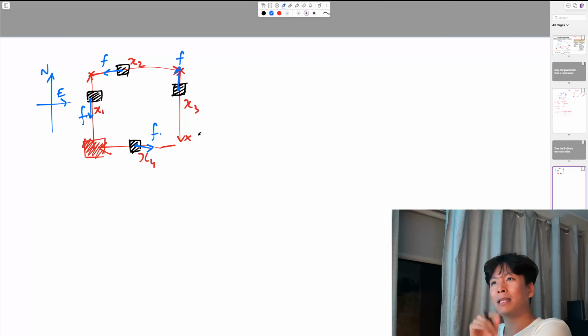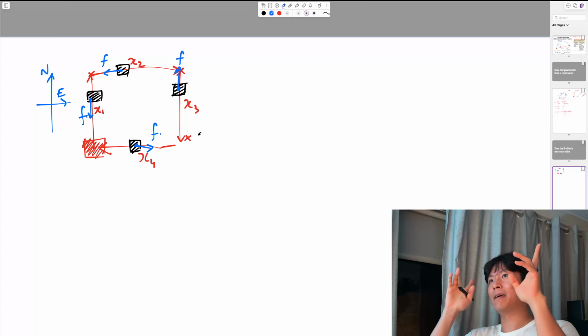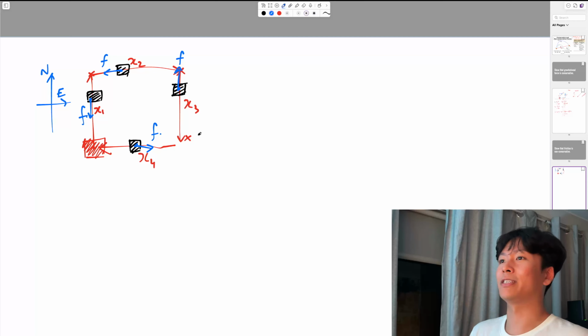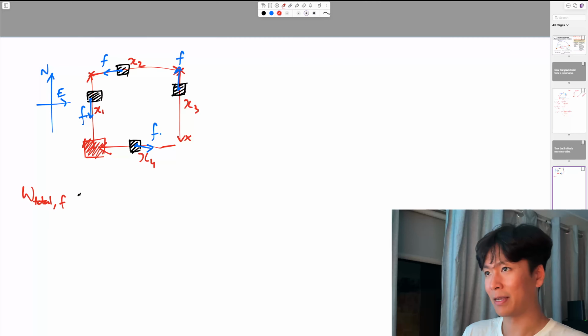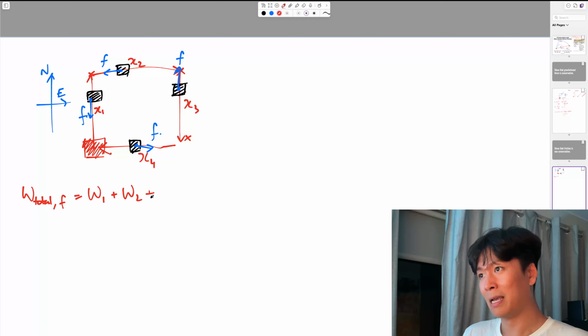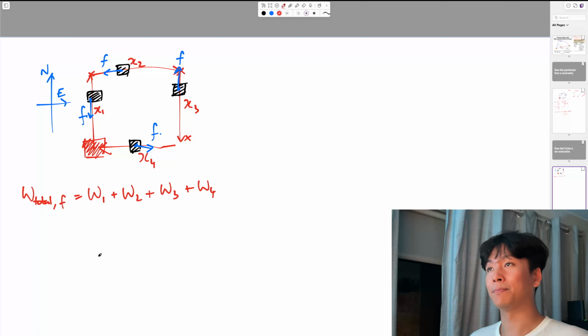And so now let's try to calculate the amount of total work done by friction. So we're going to call this total work by friction. Okay, and that's going to be equal to work done by friction on the first one, plus the work done by friction on the second one, plus the work done by friction on the third one, plus the work done by friction on the fourth one.